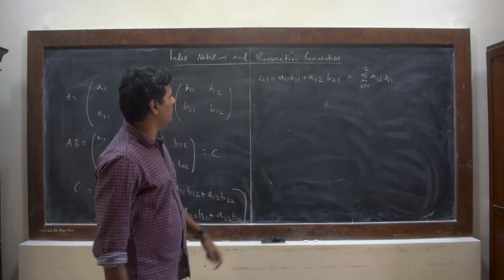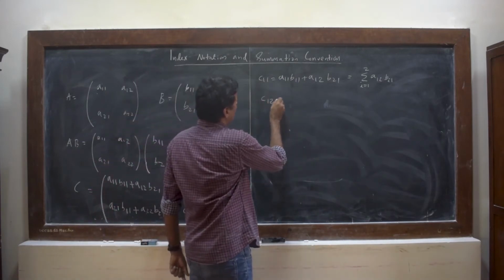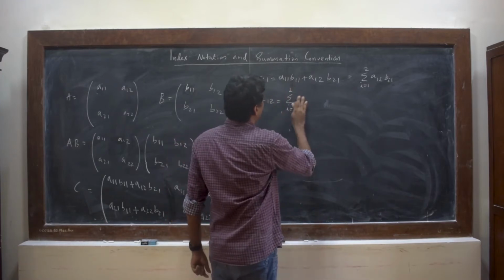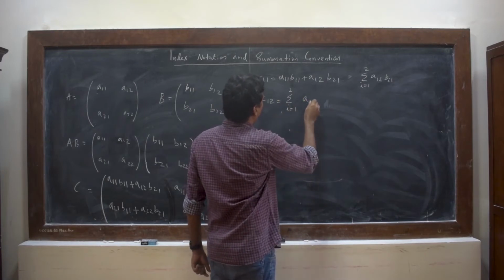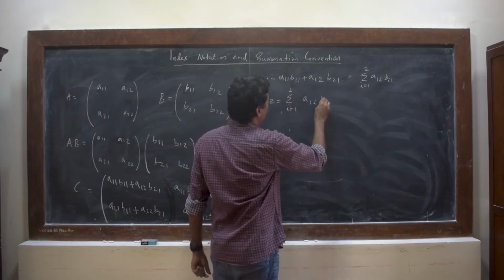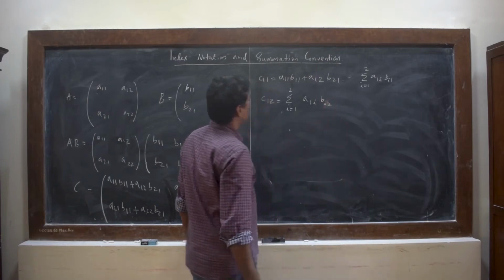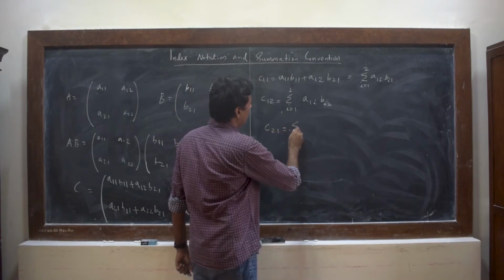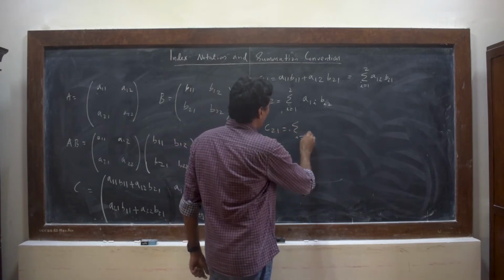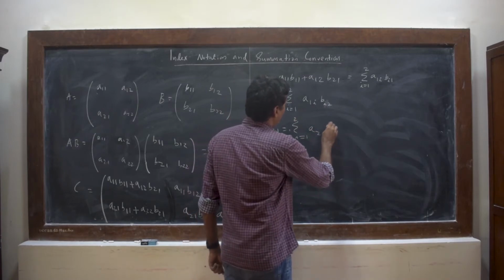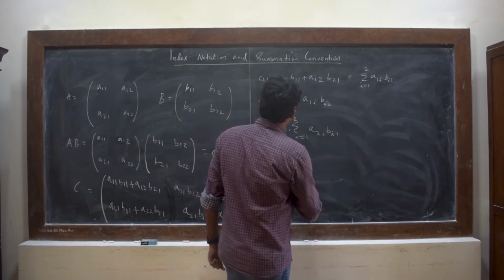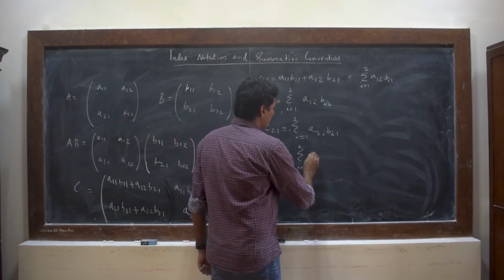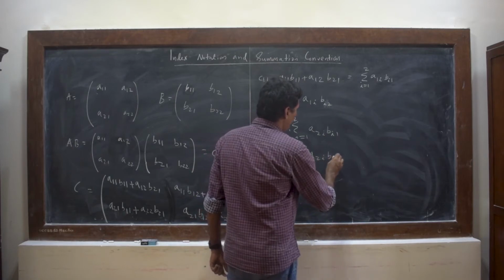What will be your C12? C12 is going to be summation over i equal to 1 to 2 of A1i Bi2. Similarly C21 is going to be summation over i equal to 1 to 2 of A2i Bi1. Similarly, C22 is going to be summation over i equal to 1 to 2 of A2i Bi2.